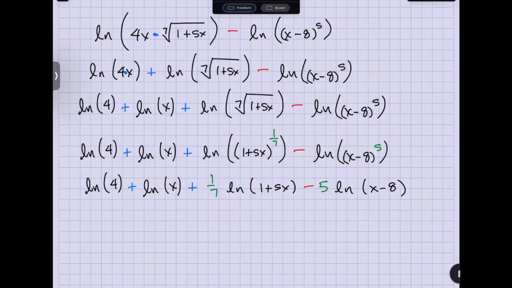For 11, make the same base, so 3 to the negative 1 to that power, and 3 squared. That's number 11.